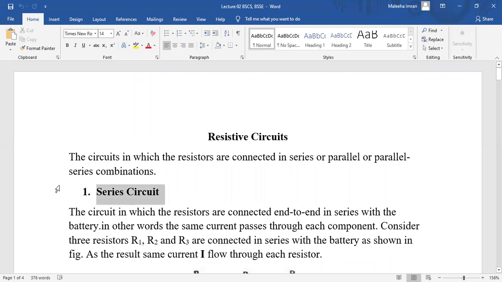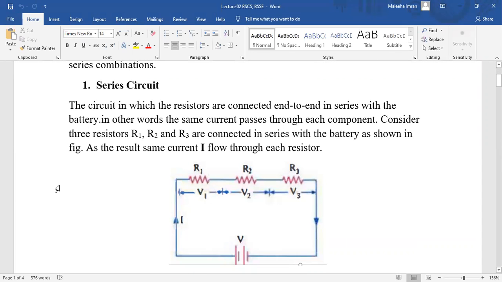In one, you are considering a DC source, and in the other, an AC source. When I say DC source, I mean the circuit in which we are considering a battery or cell. With an AC source, you use AC generators.